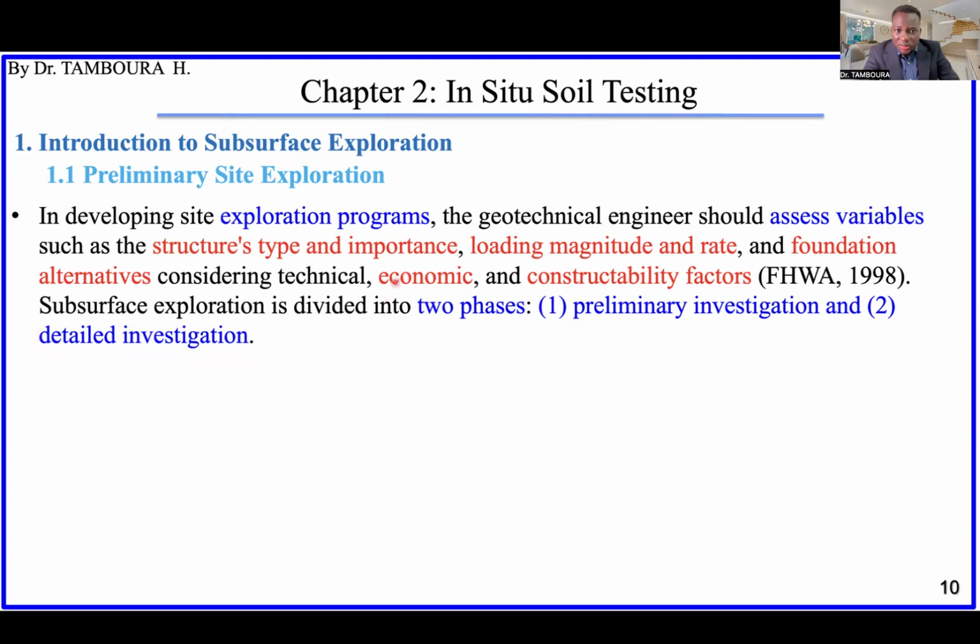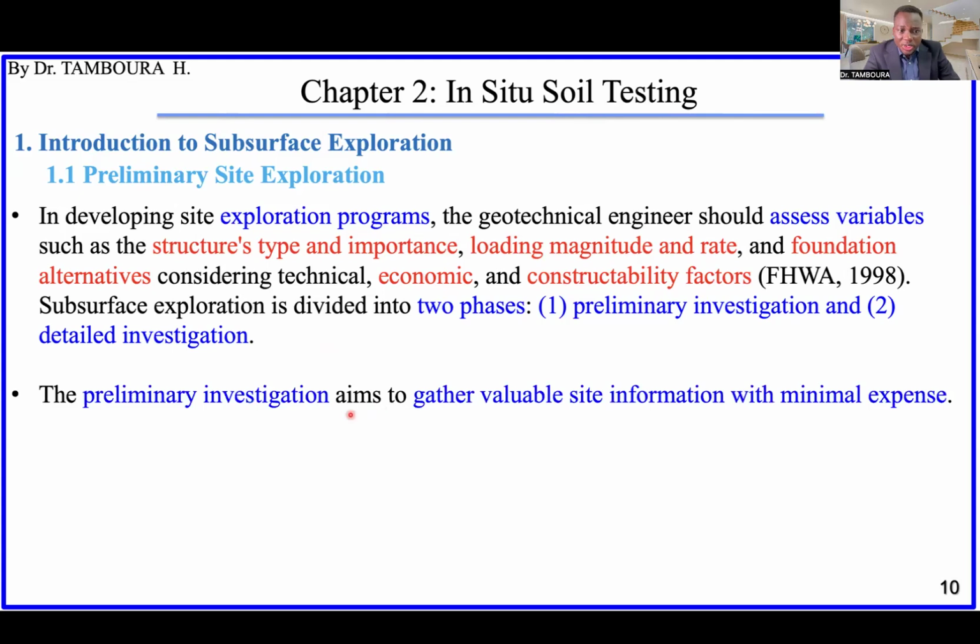As you can see here, there is also economics included. So the preliminary investigation, we are going to talk about this first, because as I said, there are two: preliminary investigation and the detailed investigation.